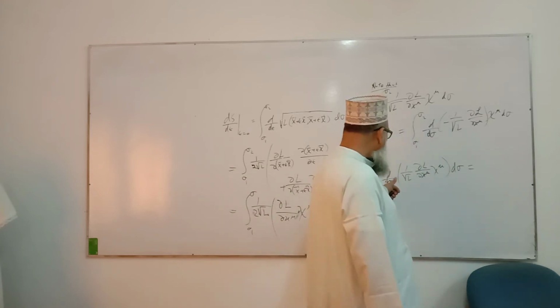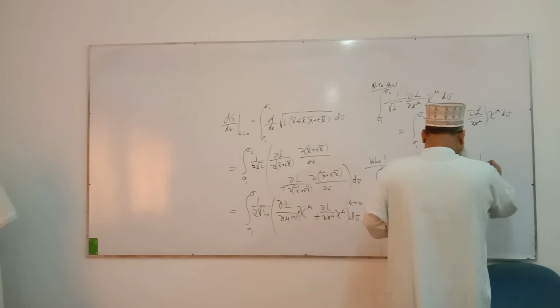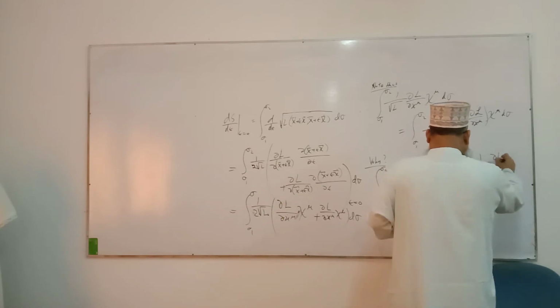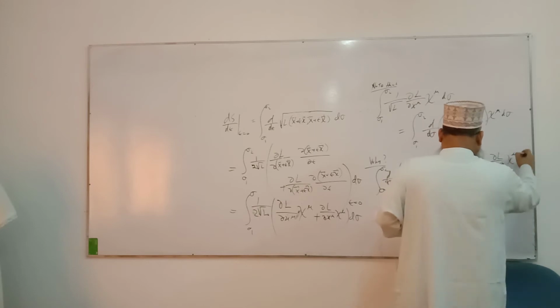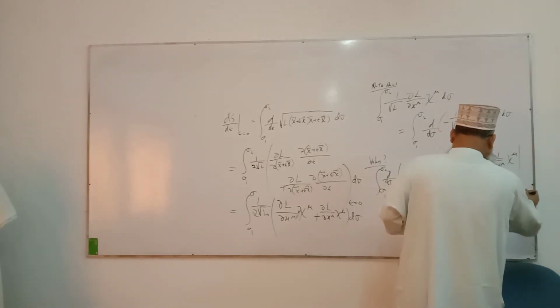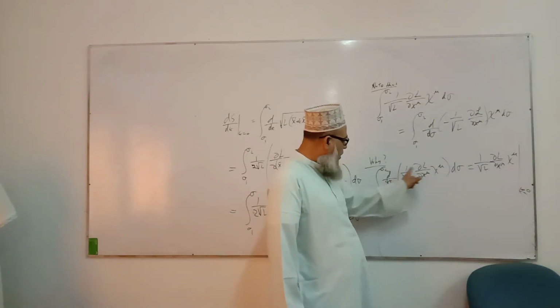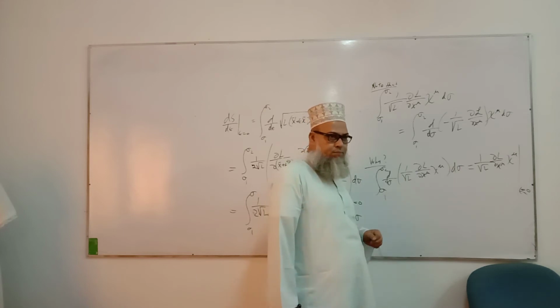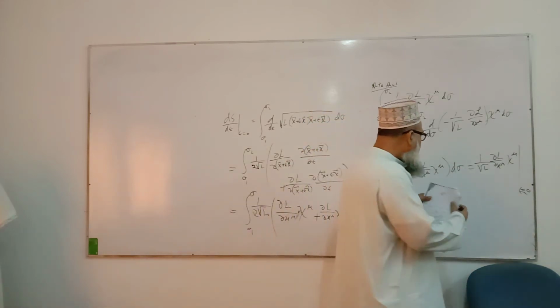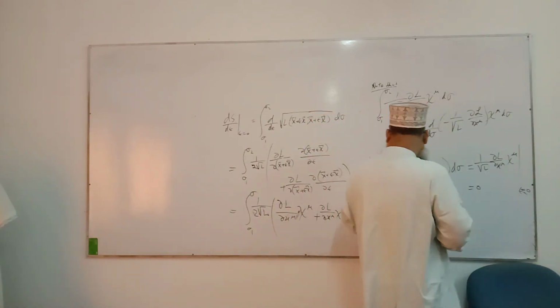If you integrate, you will get 1 by square root of L del L by del x dot mu chi mu at the limits, which equals 0. Why?